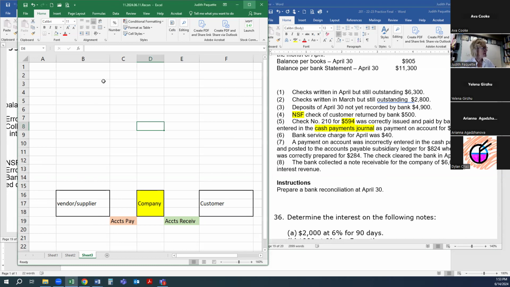Okay, so let's imagine that journal entry when they issued that check. It would have been accounts payable, and then cash. It would have been 549 because they made the journal entry incorrectly.